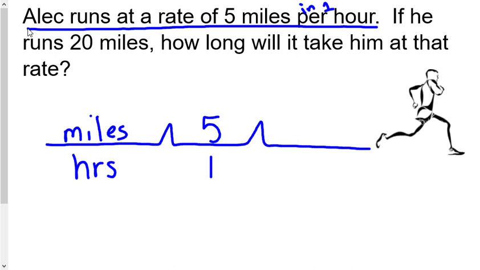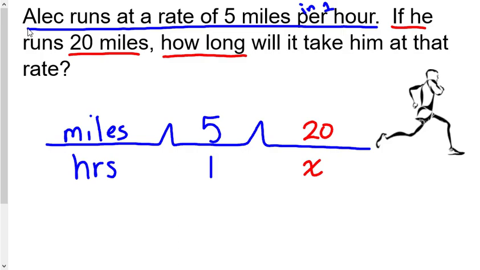If he runs 20 miles, how long will it take him at that rate? That's what we want to know. So 20 has to go on the top because it's a number of miles, and what we're looking for is hours. So that has to go on the bottom.